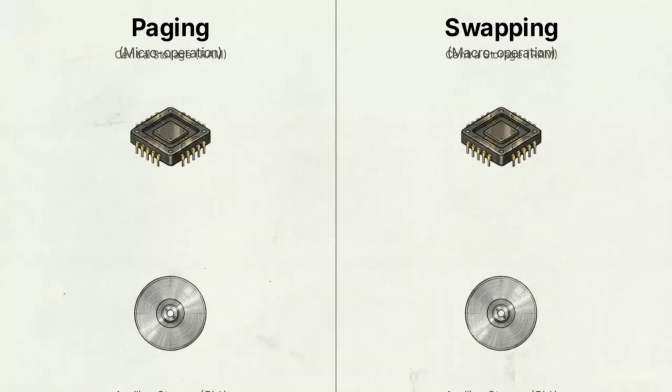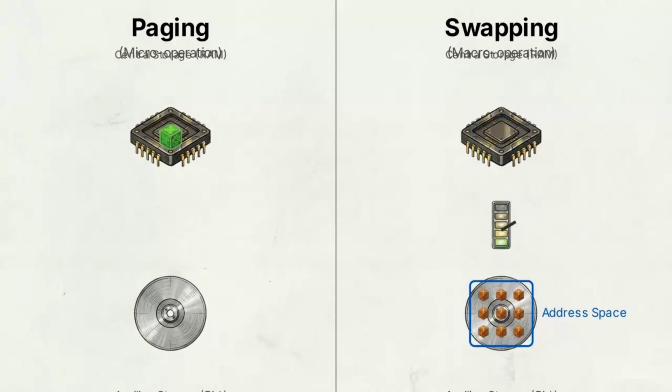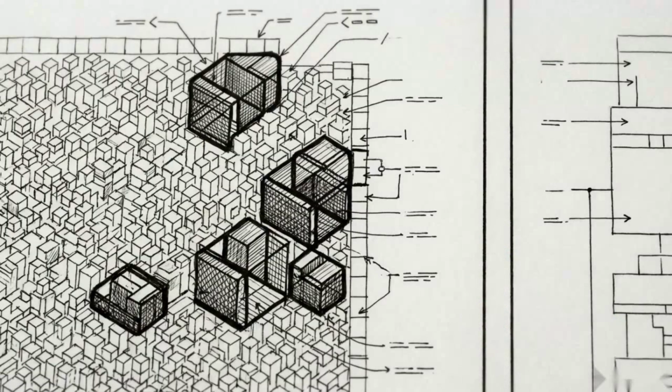These two memory management methods operate on different scales. Paging is a micro-operation, managing memory block by block with strict 4 kilobyte granularity, driven entirely by page faults. Swapping is a macro-operation, managing over-allocation with address space granularity, driven by system shortages to move entire processes at once. They work in symbiosis.